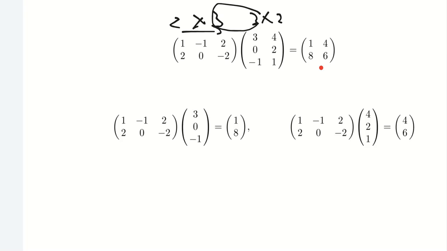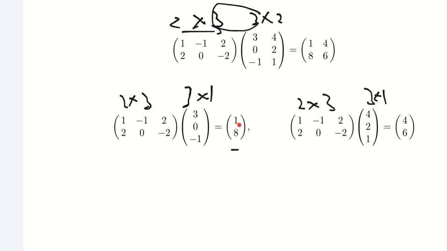So at the end, we get a 2 by 2 matrix. Now, here I have 2 by 3, then 3 by 1, so the inner ones agree and I get 2 by 1. The same thing here: 2 by 3 and 3 by 1, so we have 2 by 1.